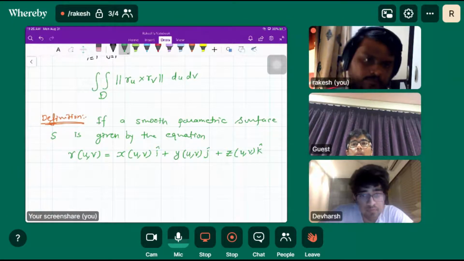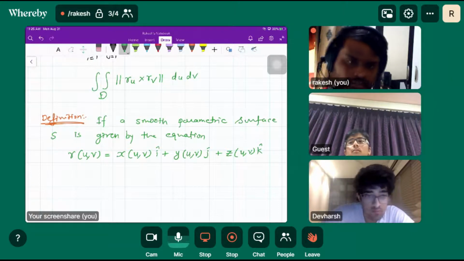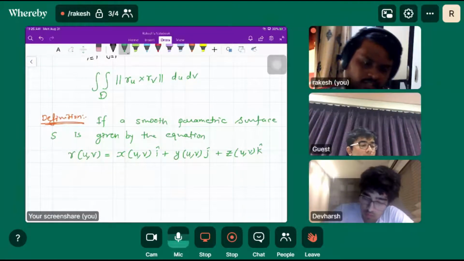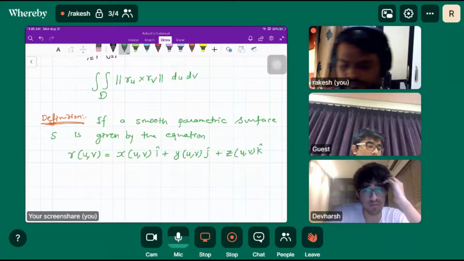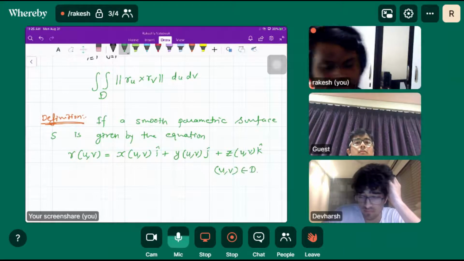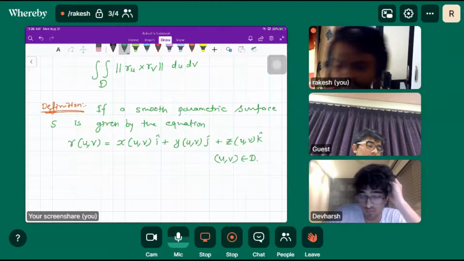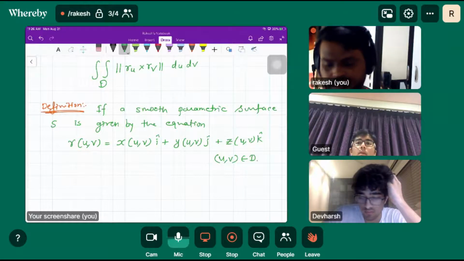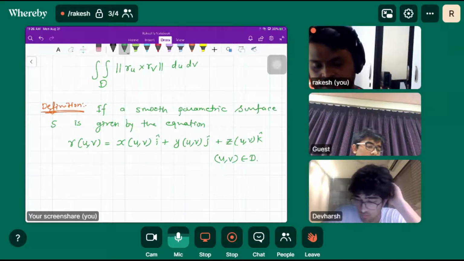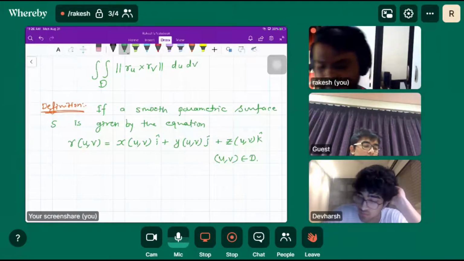We will get hands-on with this idea with an example, where (u,v) belongs to a certain domain where the ranges of u and v are defined, which we can find out with the given surface, like with the given boundary.